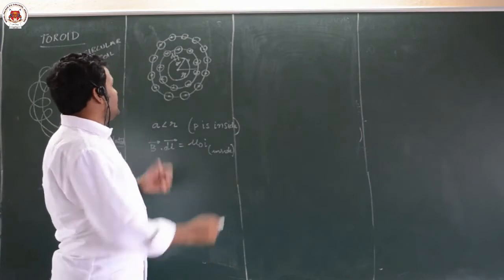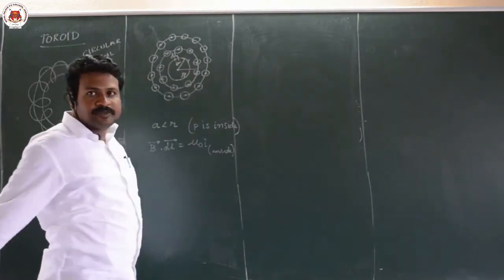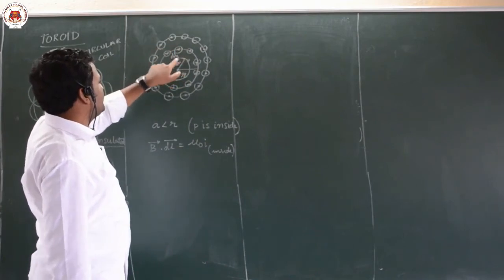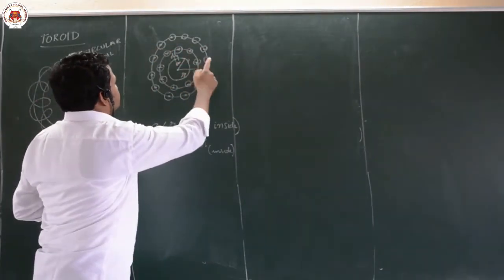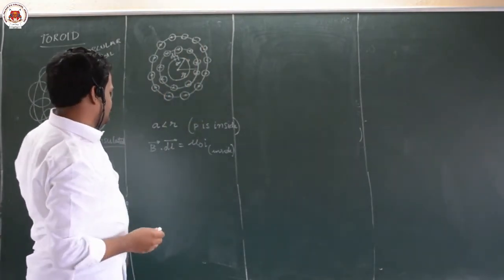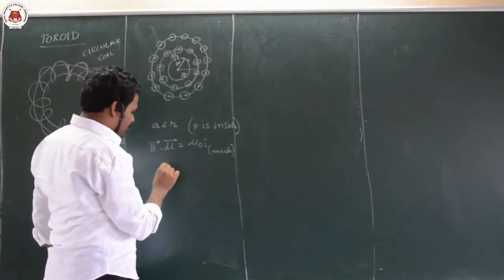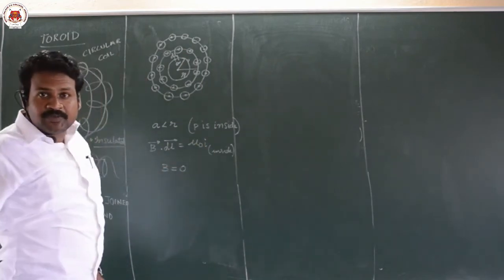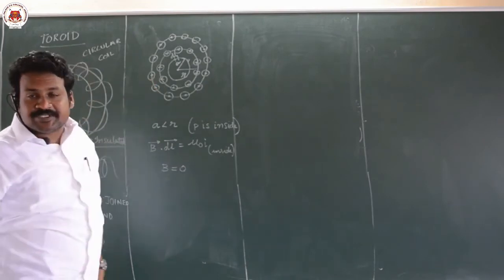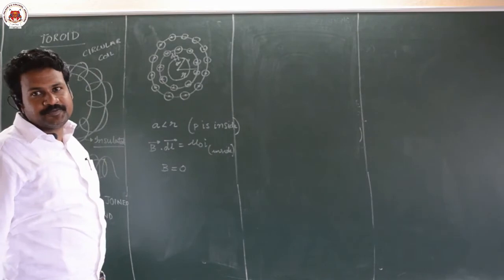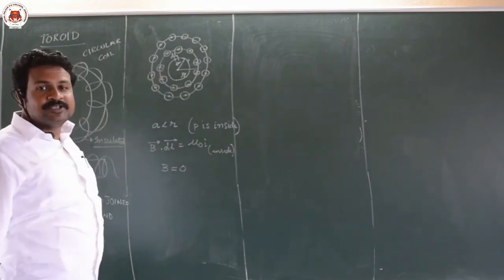Now what is the current inside this loop? No current is there. Wire is present here, current is flowing like this only, no current here. So B will be equal to 0. So the magnetic field in the open space inside the toroid is 0.